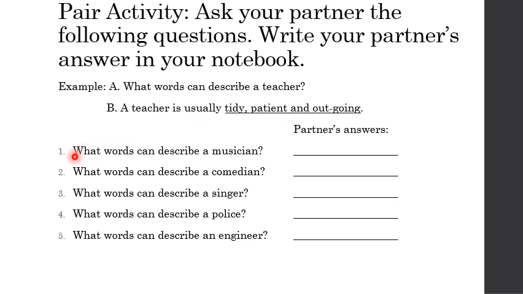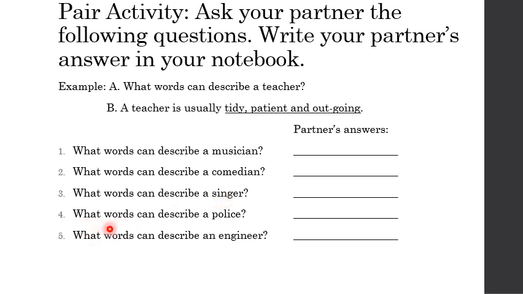So ask these following questions. Number one, what words can describe a musician? What do you think of a musician? Ask your partner about it. Number two, what words can describe a comedian? What do you think is the personality of a comedian? Number three, what words can describe a singer?